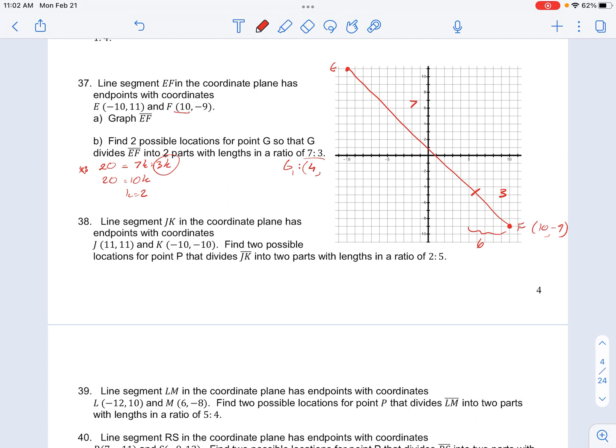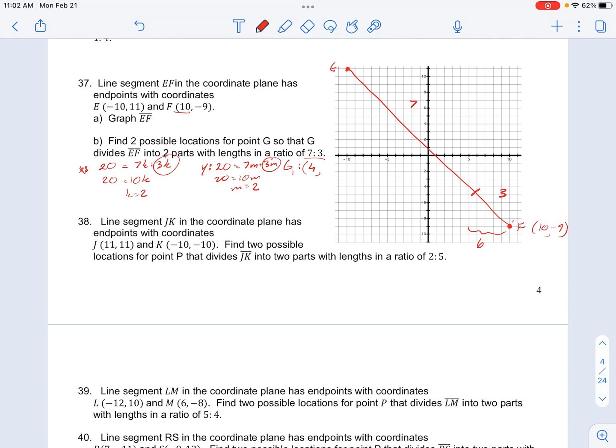And in the Y direction, we have to find the partition again. So in the Y direction, we have the absolute change in Y is given by 11 minus negative 9, which is also 20. So that'll be 7m plus 3m, which is 10m, so m is equal to 2, which means that if we want to look for the 3m segment, that'll be 3 times m, which is 3 times 2, which is also 6.